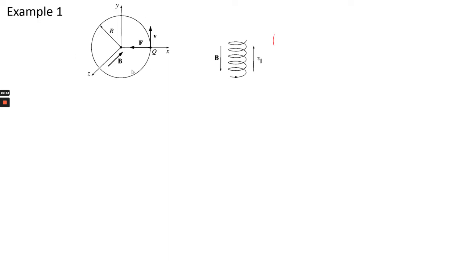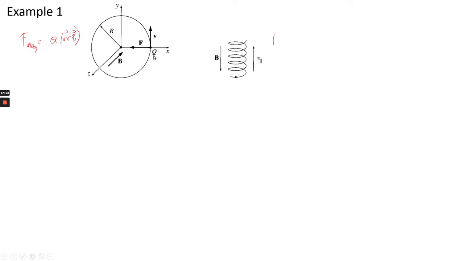But if there is no magnetic field, your particle is going straight upward. Because of the presence of this magnetic field, there is now a force, the magnetic force, which is V cross B. So the force is inward.